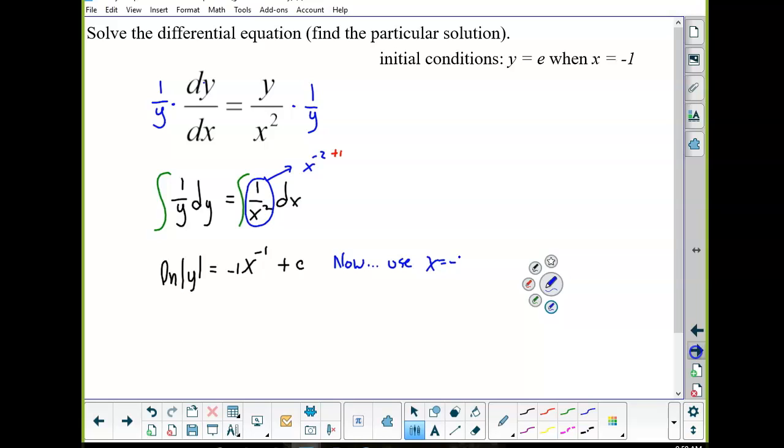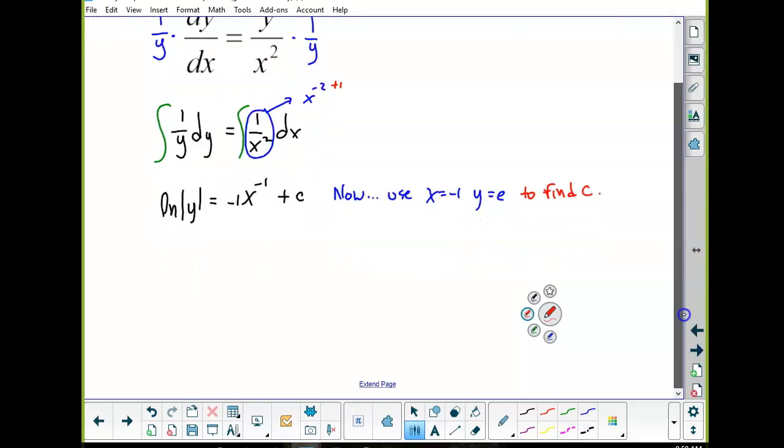We're going to use x equals negative 1 and y equals e to find c. It will get more challenging if you were to solve for y right now. So that's why we want to just plug in what we know and find c. And it's going to be a lot of kind of exponent properties and extra stuff here.